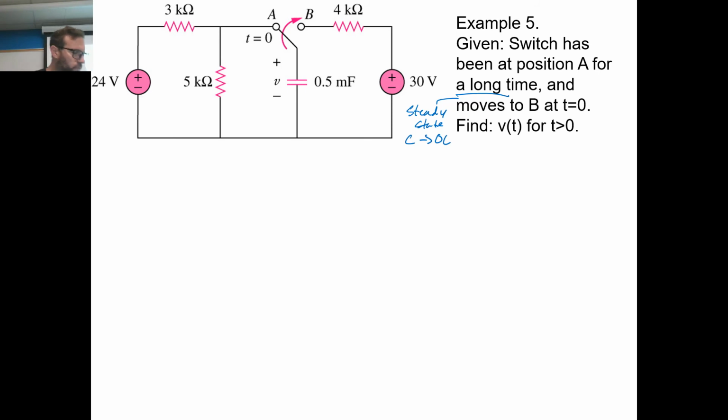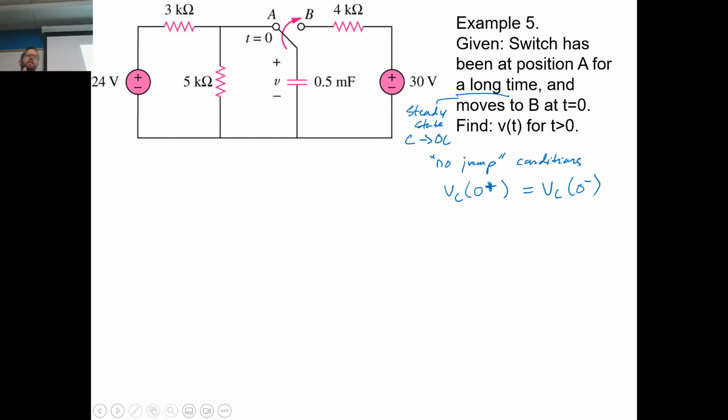So what we want to do is use those no jump conditions, where vC(0+), because that's what we want to eventually find, is the initial voltage on the cap, right? vC(0+) is equal to vC(0-) because of that no jump condition.